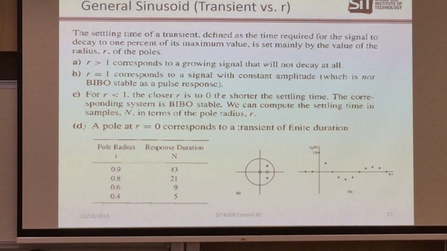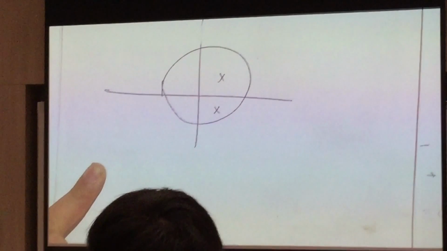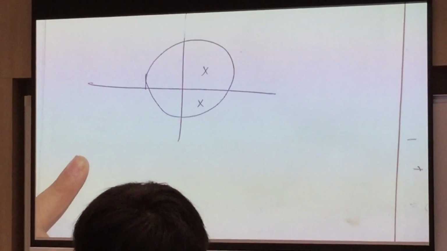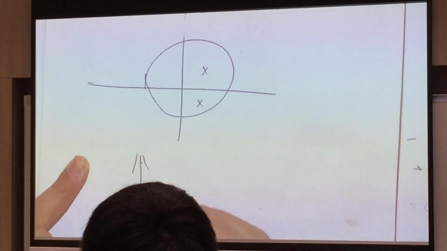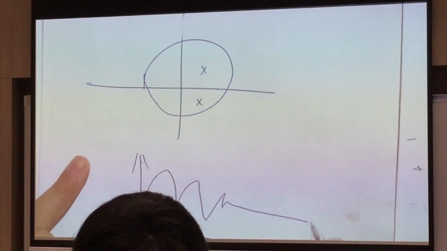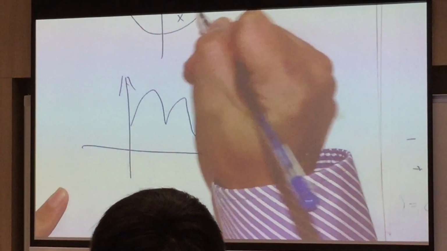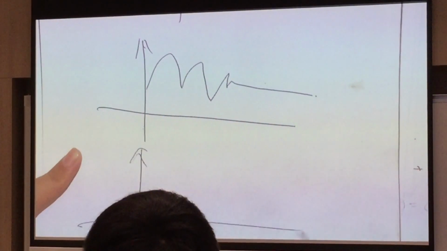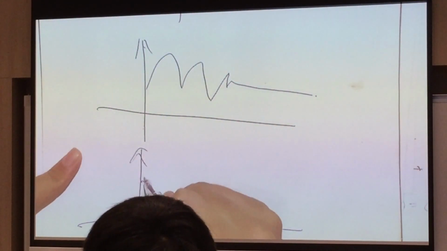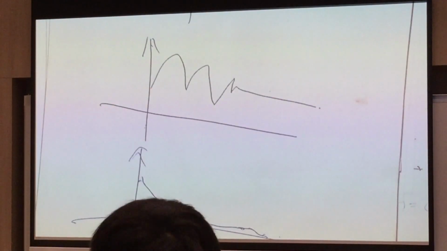So for this stability, when my root is inside the unit circle, what do we mean? We mean our output will be stabilized. Or if it's somewhere here, meaning our response will decay.